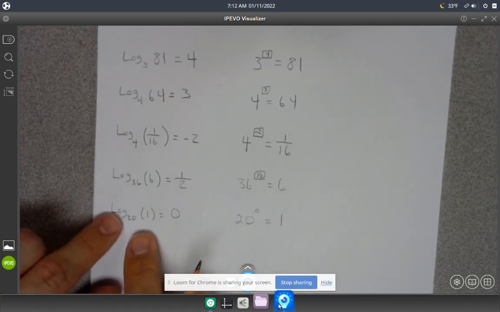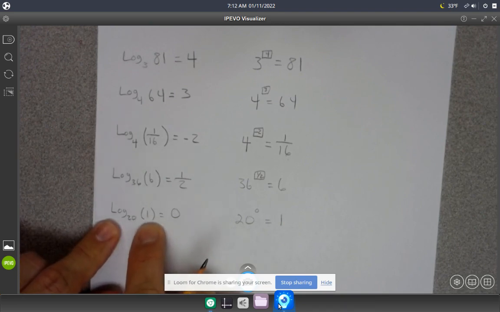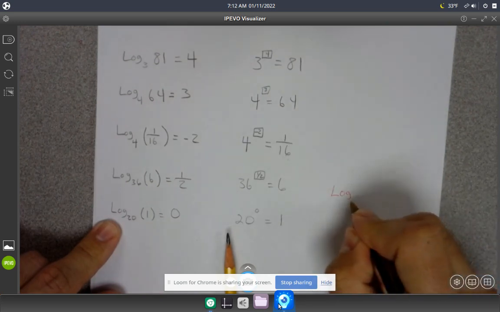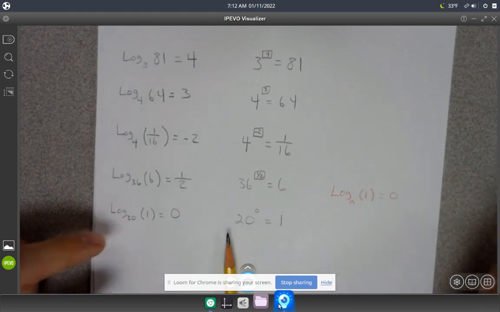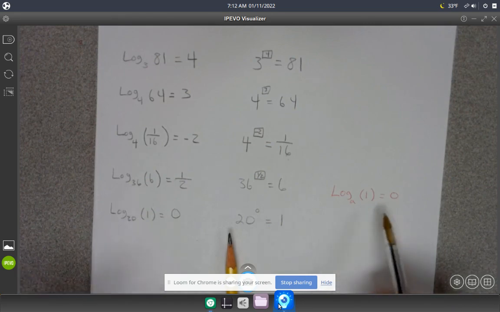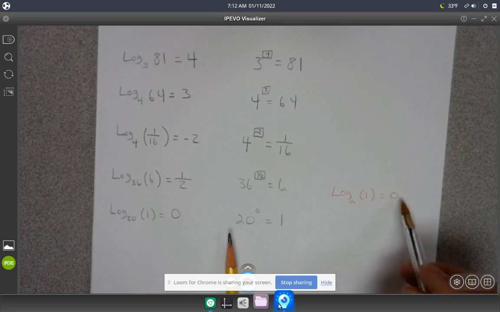In fact, anytime you're taking the log of the number 1, regardless of the base, log base anything of 1 is always equal to 0. This is one of those special things that you want to memorize, because a to the power of 0 is always equal to 1, no matter what the base is.